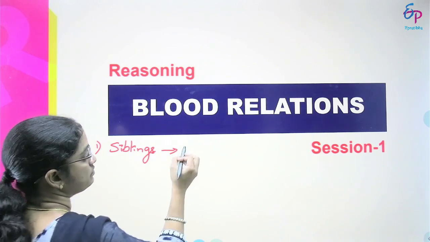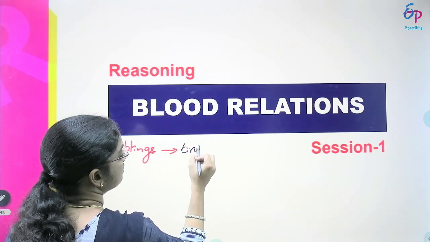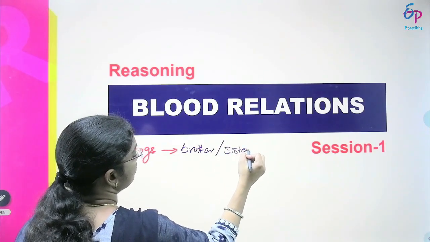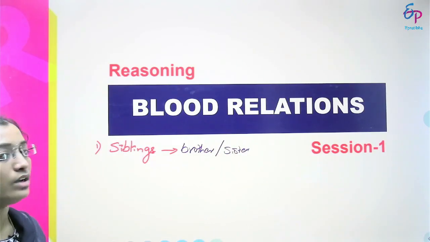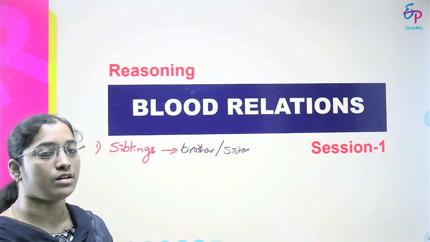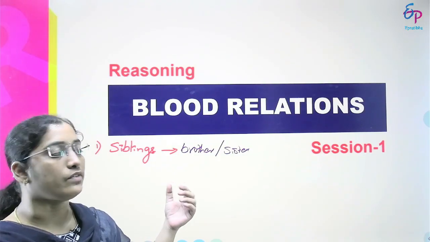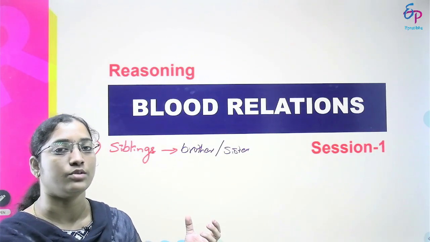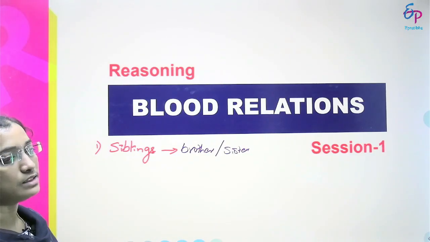Siblings means brother or sister. Here you must take only your own blood relationship, not cousins or any other persons. We take only our own brother or own sister. Those are siblings.